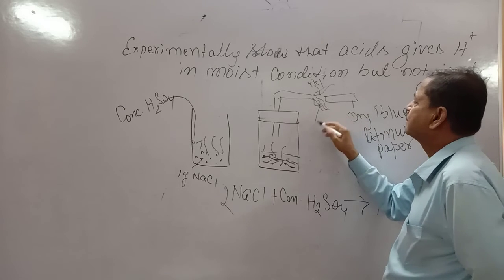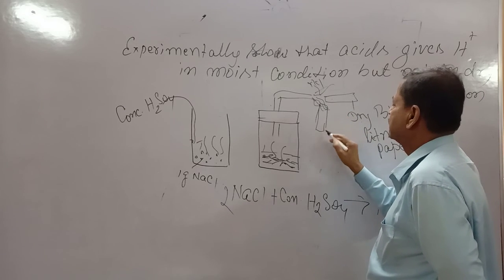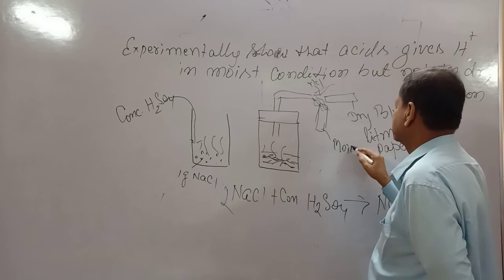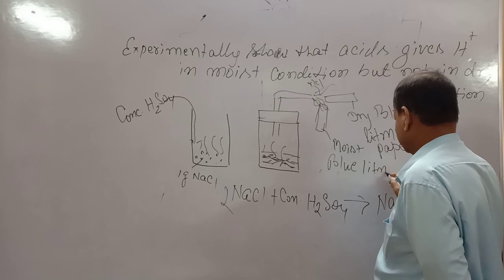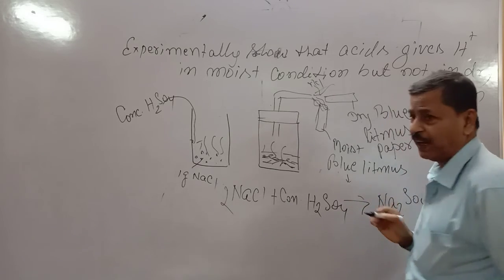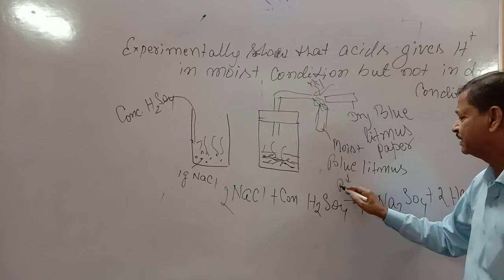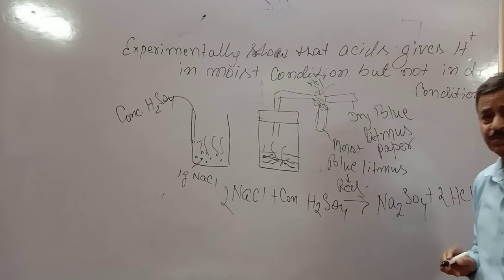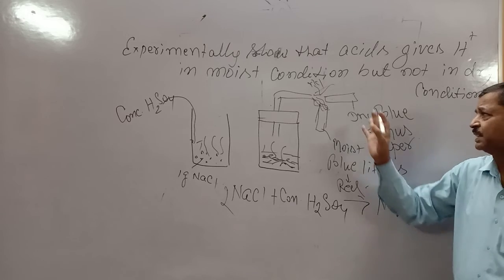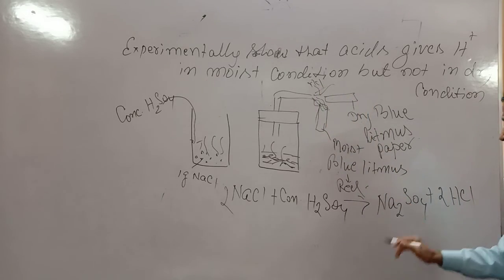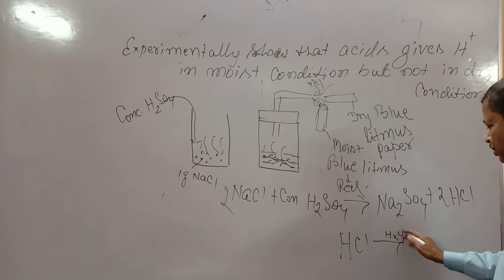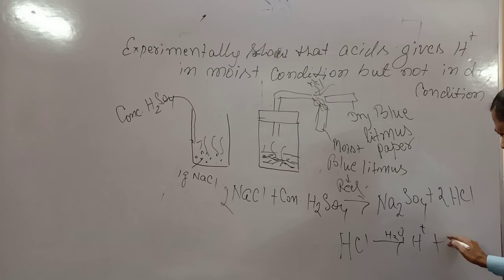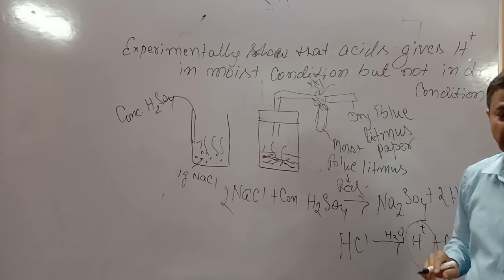If we put moist blue litmus, we find that the moist blue litmus changes to red. This experiment shows that in moist condition, hydrochloric acid dissociates into hydrogen ions. These hydrogen ions change the color of the blue litmus paper.